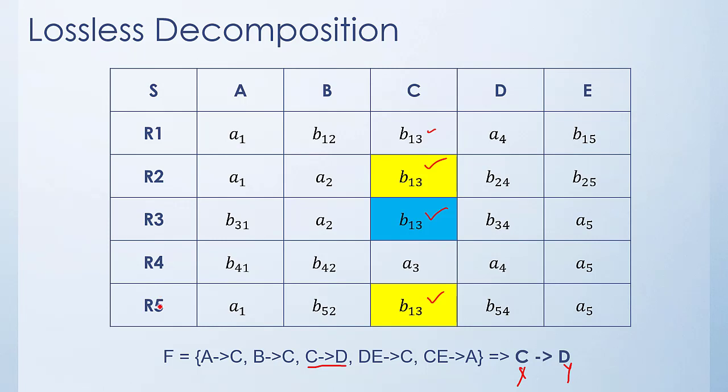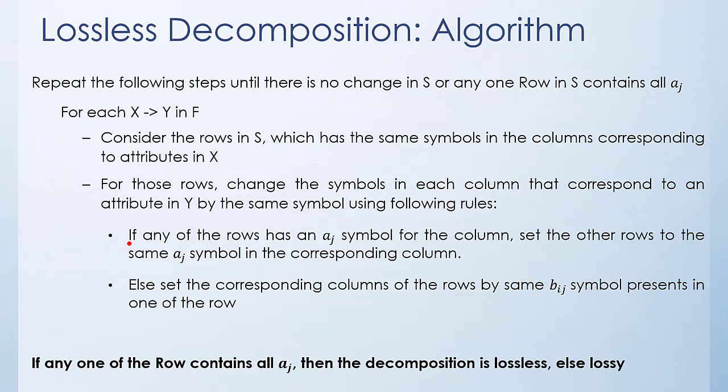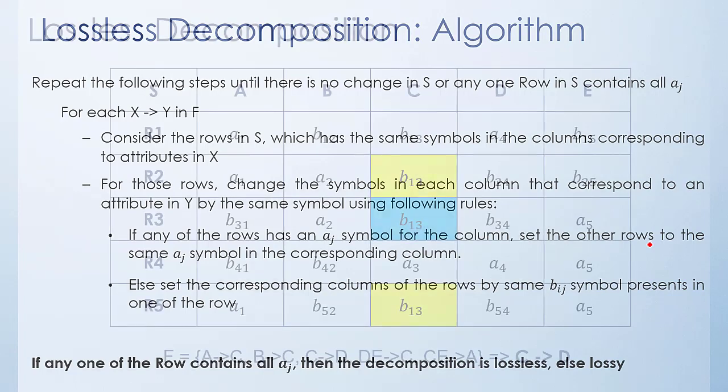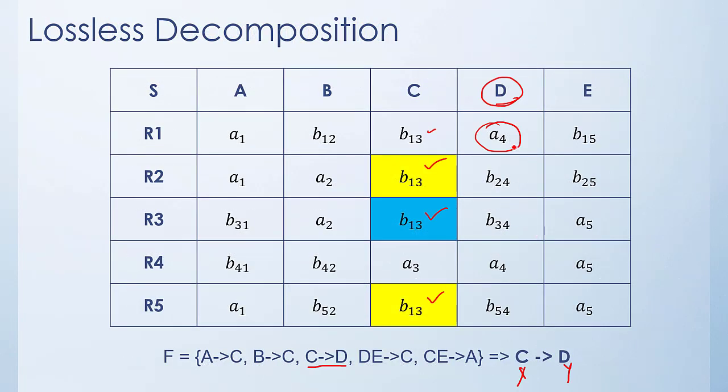Now you can see that in case of R1, I have an A4 for the attribute D. By following the algorithm, if any of the rows has an Aj symbol for the column, set the other rows to the same Aj symbol in the corresponding column. So here I have the Aj value A4 for Y, that is my D attribute.